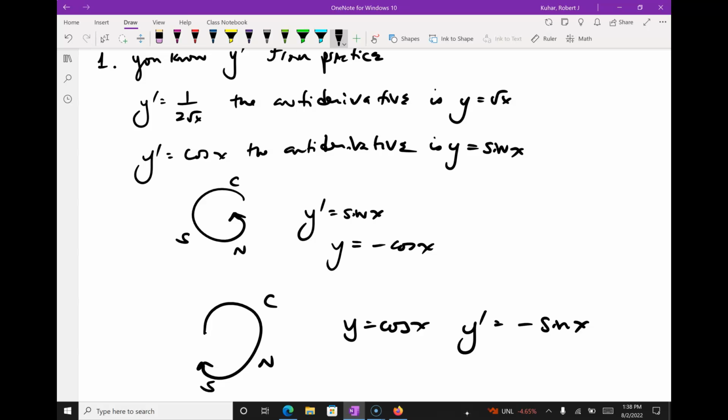Now antiderivatives goes the other direction. So for derivatives, if I go from cosine to sine, I pass the negative, right? So that's why I get the negative. But when I'm doing antiderivatives, if I go from sine to cos, do I pass the negative? Yes, that's why I do the negative. So this is my antiderivative direction, and this is my derivatives.